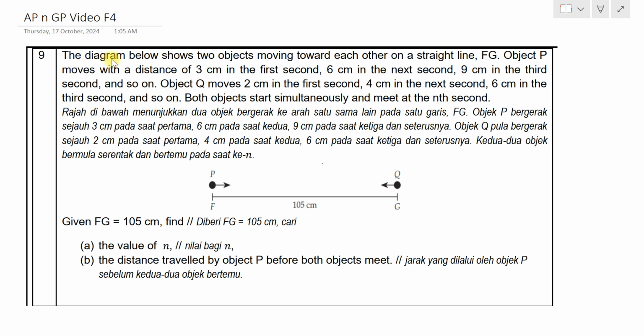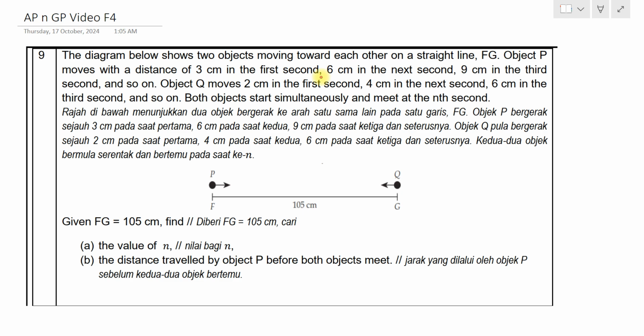The diagram below shows two objects moving towards each other on a straight line FG. Object P moves a distance of 3 centimeter in the first second, then 6 centimeter in the next second, and then 9 centimeter in the third second, and so on.